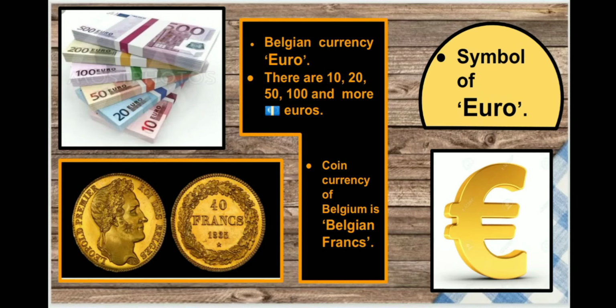Then, if we talk about the coin currency, so the given coin currency's value is 40 francs, and we can call it Belgium francs, right? And its symbol is there, right side.